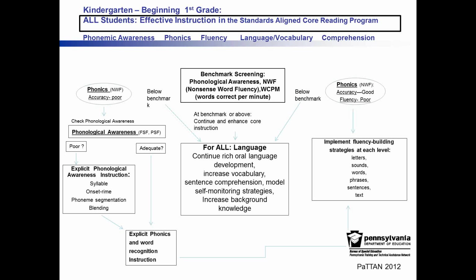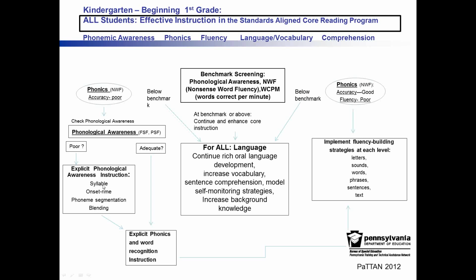So for example, if on those grade level benchmarks you see that she's below benchmark, you need to look at different resources. If she's below benchmark in phonics, in nonsense word fluency, you need to do something more diagnostic, okay?